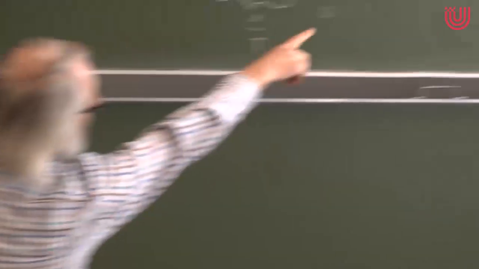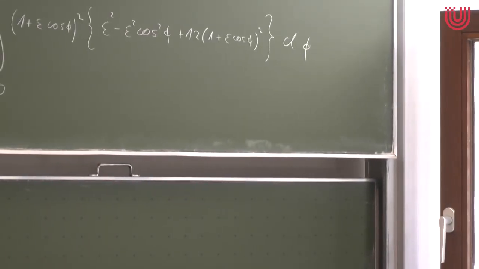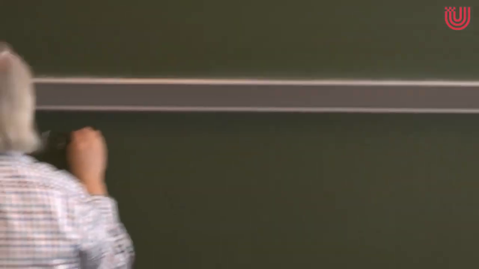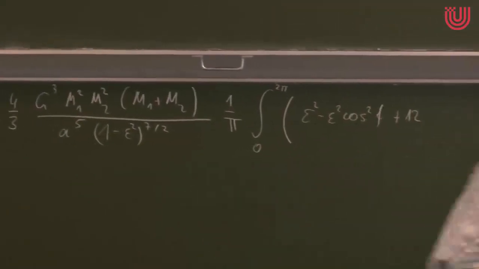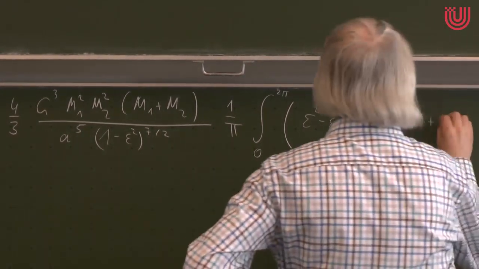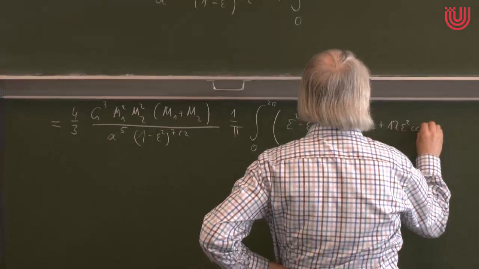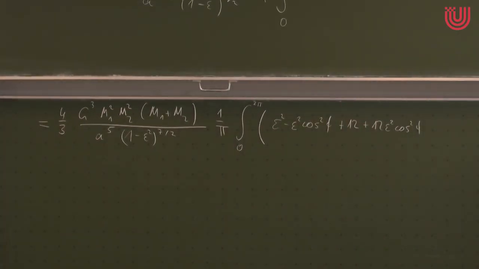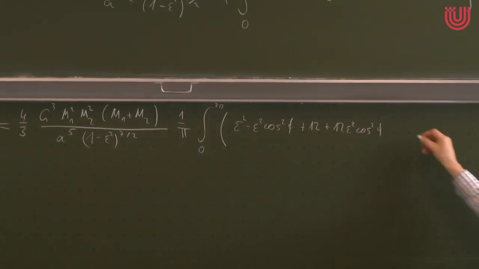And when I multiply the bracket out, then the mixed term gives something odd, which I don't write down. So this gives plus 12 epsilon squared cosine squared. Okay, that's what comes out if I multiply the curly bracket with this one. Then I get a mixed term, 2 epsilon cosine phi.